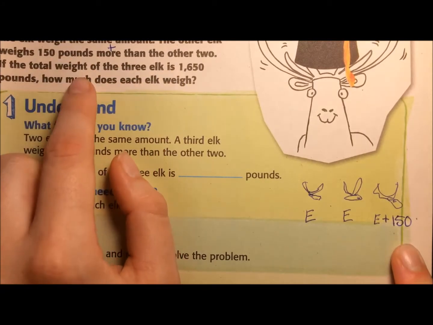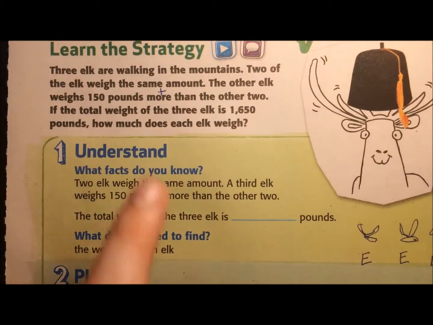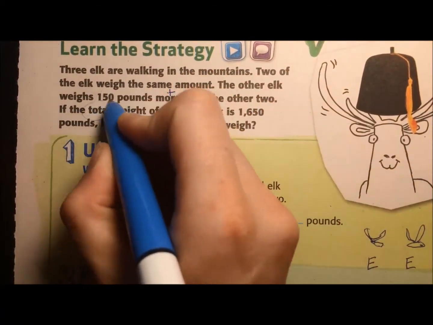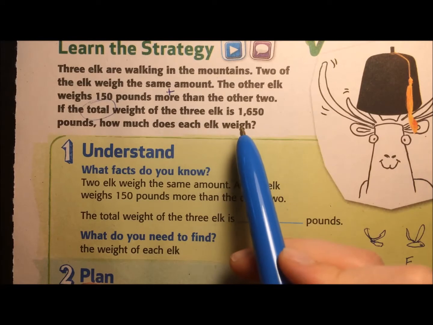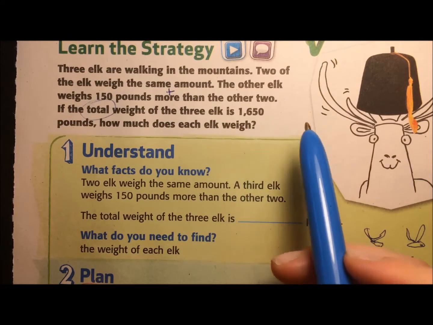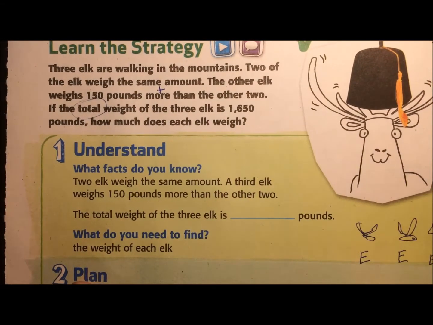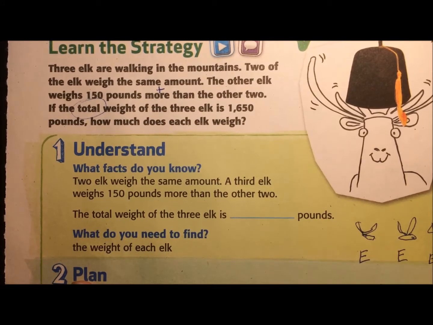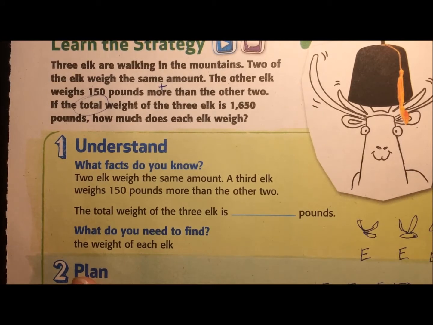If the total weight, that means add it all up, of the 3 elks is 1,650 pounds. Okay, so that means that my elk plus my elk plus my elk plus 150, this guy, equals 1,650.